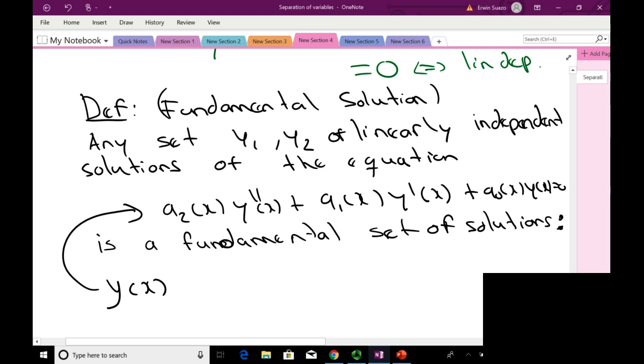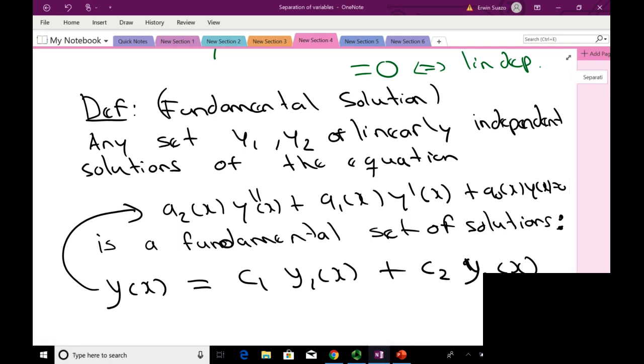If there are two linearly independent solutions, then you should be able to write this solution as a combination of these two solutions for some constants. So that's why finding two independent solutions is so important. You find two independent solutions, so you will find all possible solutions.